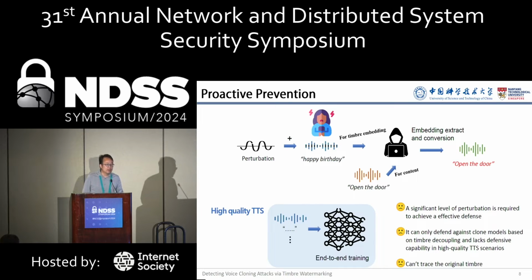For instance, in order to have good protection, we have to introduce a significant amount of noise, which can affect the normal functionality and the quality of the voice. It also has poor generalization against the latest voice cloning technology. And we are not able to trace back the source of the malicious users.